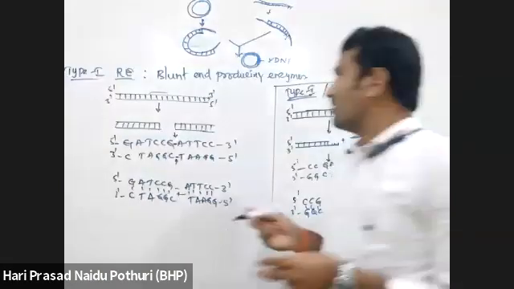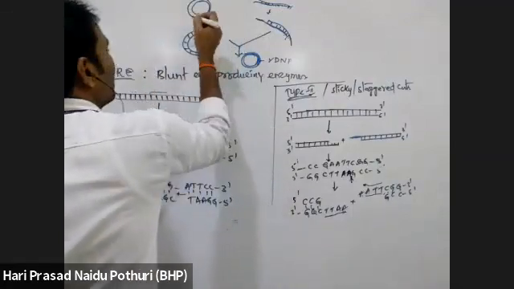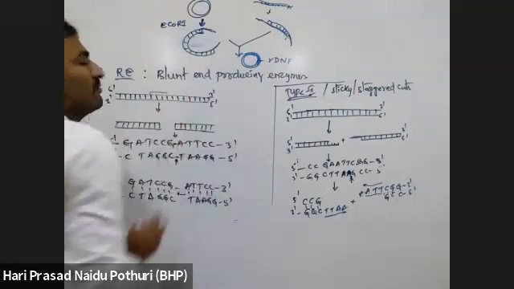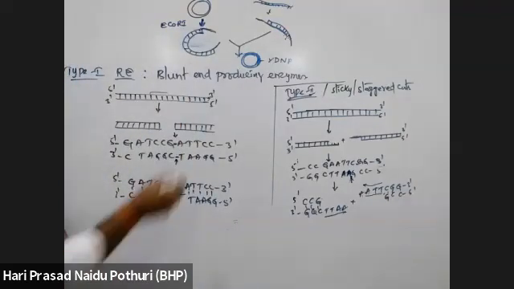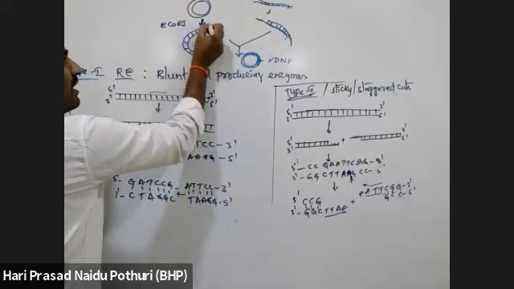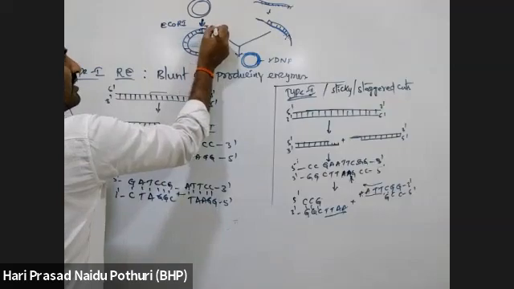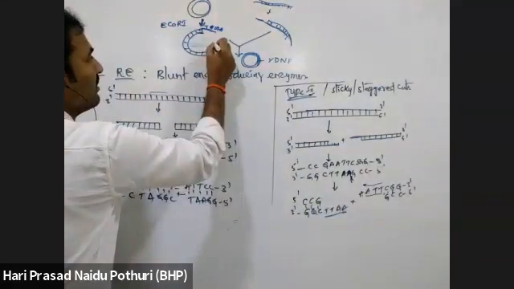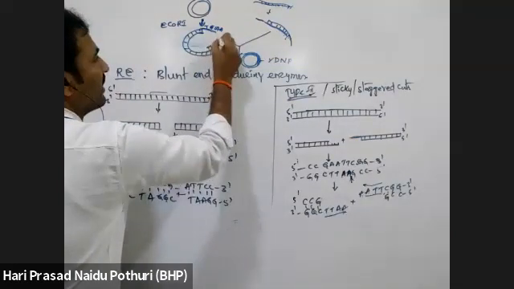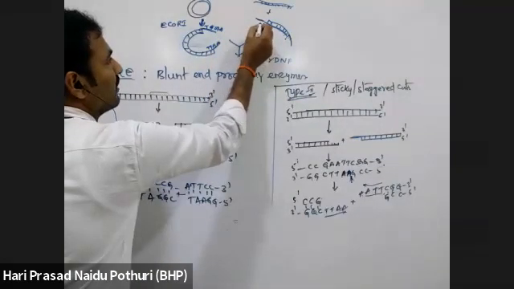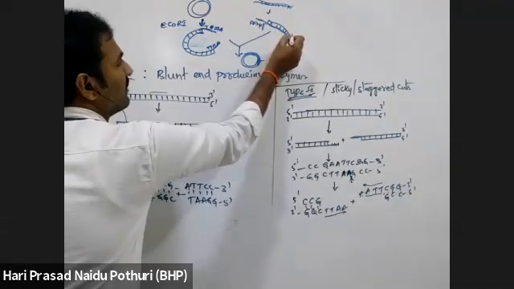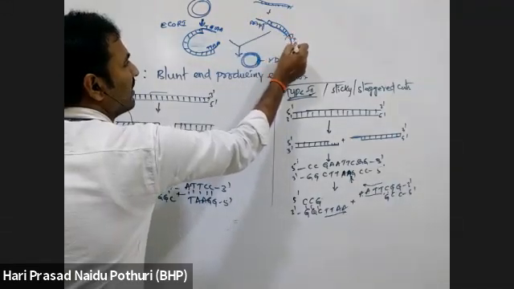Because suppose for cutting this, we are using EcoR1. EcoR1 is used, then this fragment has a TTAA sequence. Yes or no? This fragment also has TTAA. This fragment has TTAA, sorry. This fragment also has TTAA.